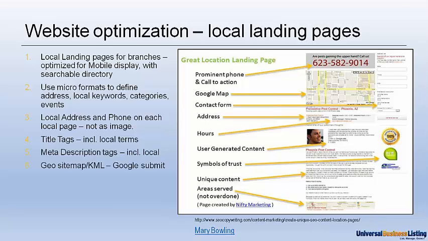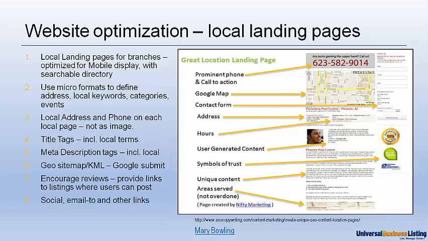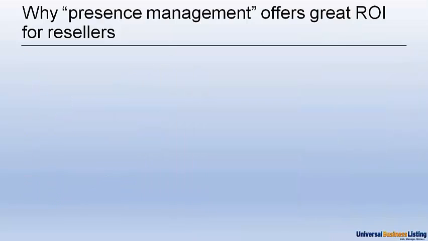Important to use title tags, meta tags, geositemap and KML for Google submissions, and encourage reviews, provide links to where listings and users can post. This presentation will be available afterwards, offline. If you don't have this list, it's important that you attend to it.